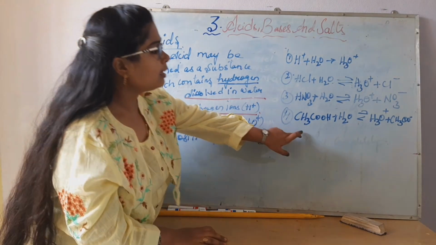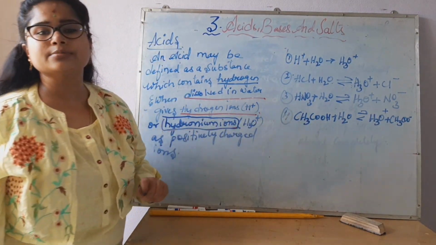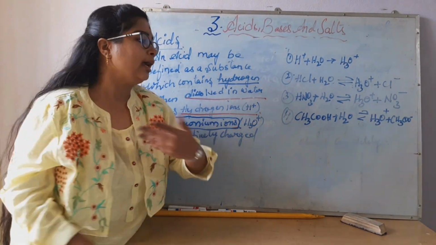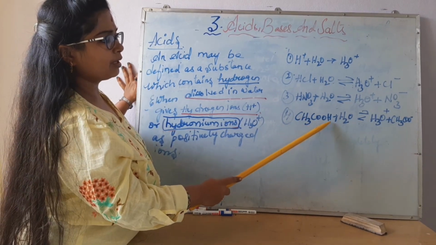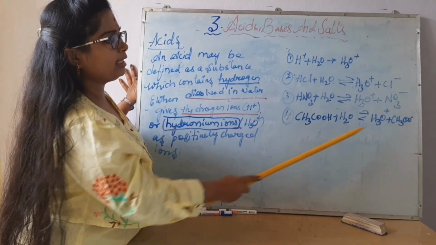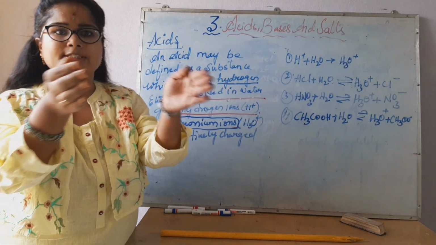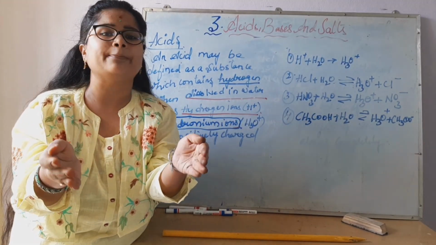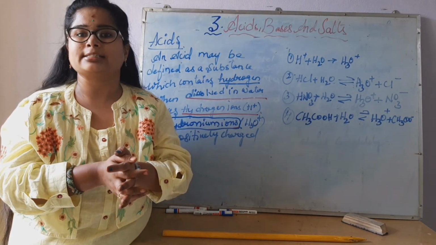Because in this there are 3 plus 1, 4 hydrogen atoms, but when it is splitting, it will give out only one hydrogen. The remaining 3 stay with it. So it does not ionize completely. The hydrogen atom does not dissociate completely, so we say those acids are weak acids.